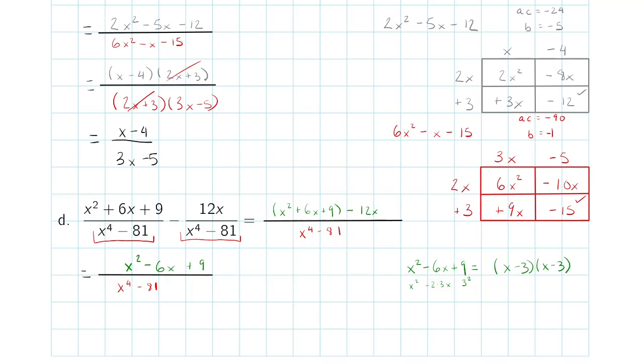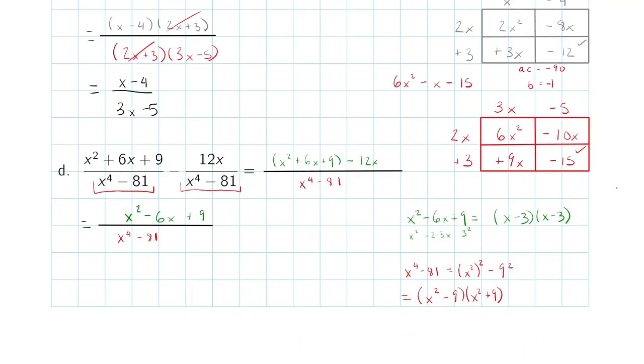Our denominator, x to the fourth minus 81, that's x squared squared minus 9 squared. That factors as a difference of squares. X squared minus 9 times x squared plus 9.